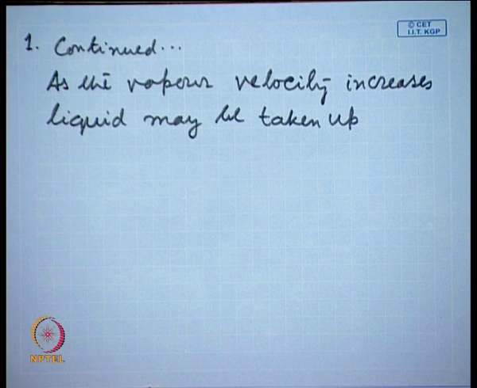Okay. So, instead of moving in the downward direction, the liquid may be taken up. If this happens, then the surface is not getting a replenishment of the liquid. Okay. Then obviously, the heat transfer rate will fall.